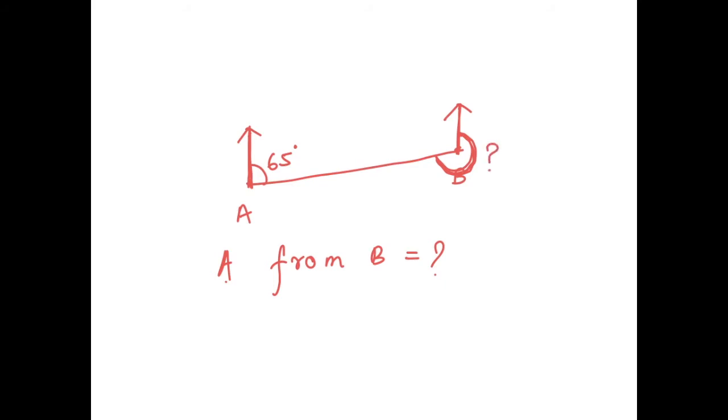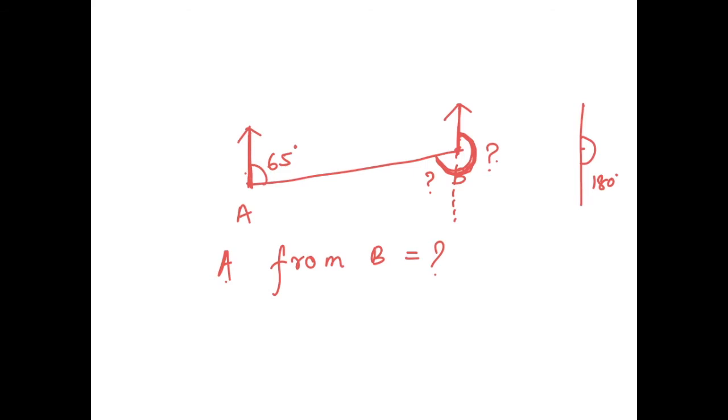So for this angle, we know this and this line are parallel. And if you extend it, you can see this whole means an angle on a straight line. An angle on a straight line means 180 degrees. So this is 180. And what about this? So we need to calculate this one.